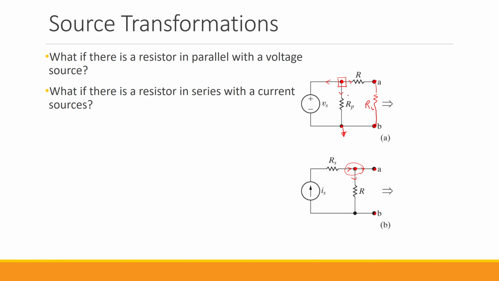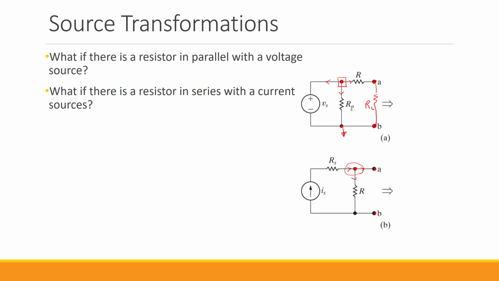Even though the effect of this RP on the rest of the circuit can be eliminated, practically it doesn't have any effect, but it doesn't mean that having this thing is completely useless, because having this resistor in parallel with the voltage source means that it is consuming some power or some current goes through it, right?